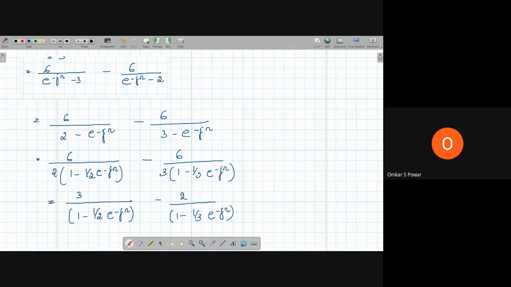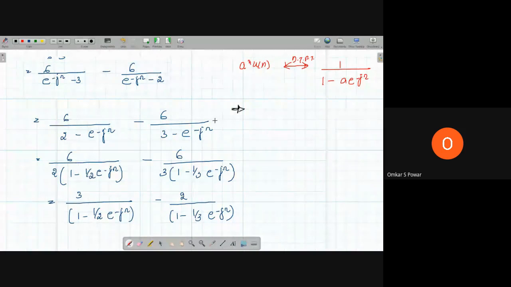So now we know that the DTFT of a power n u of n is 1 by 1 minus a e power minus j omega. Always in the test, make sure you write this property so that while correcting they will understand you have used this property and you have got the DTFT. So this one is in the form of 1 by 1 minus a e power minus j omega.